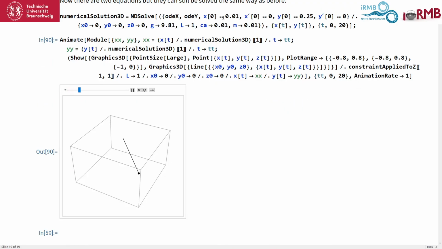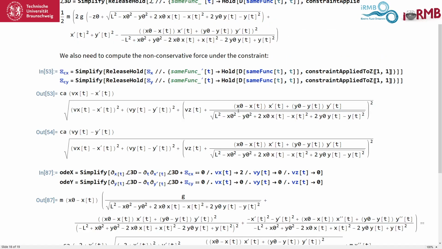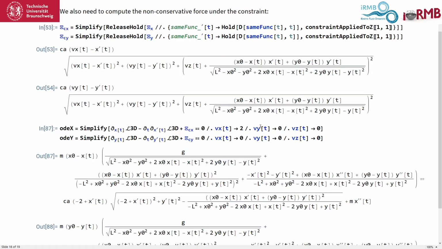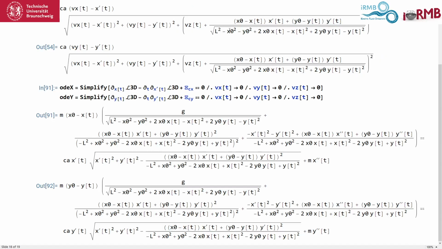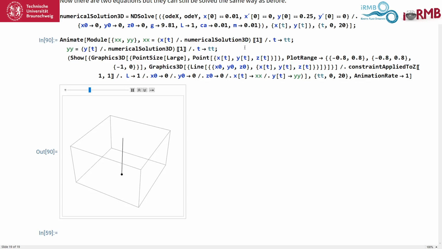Okay, now we see the wind blowing. I'm going to remove this, otherwise I can't use this the next time. So putting the wind away now gives us again this boring solution.